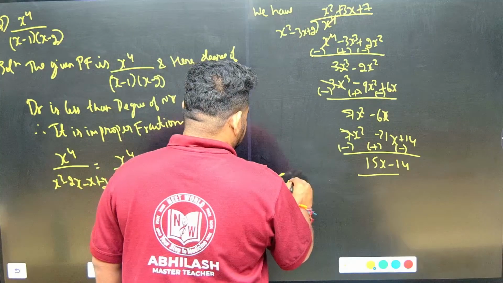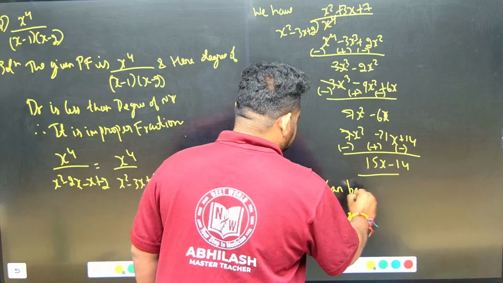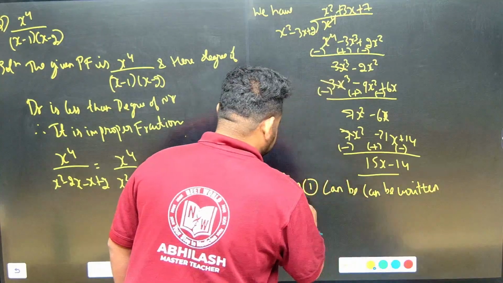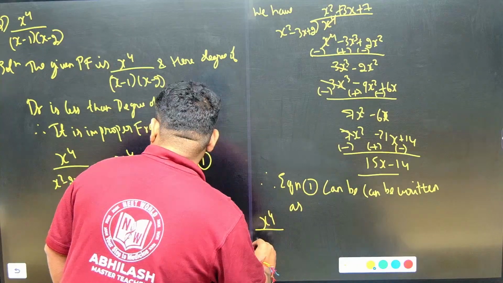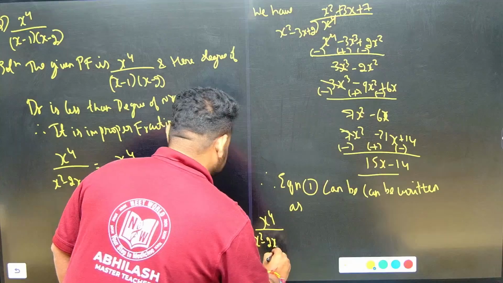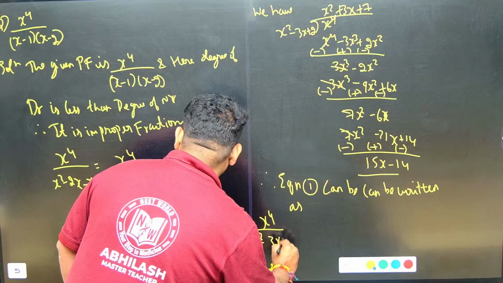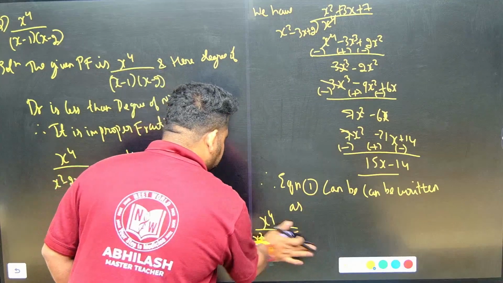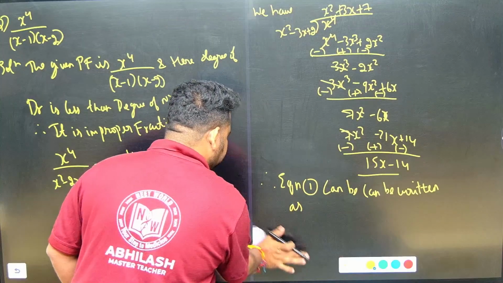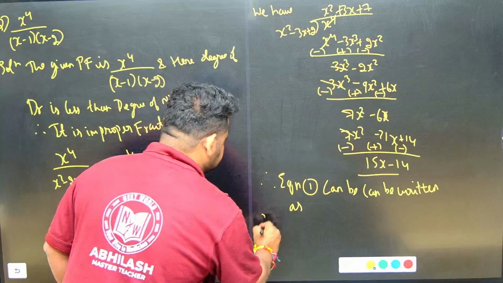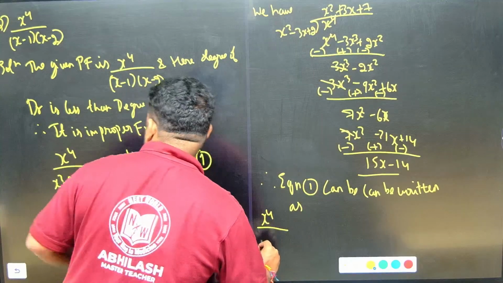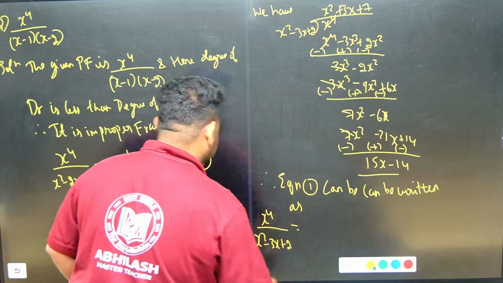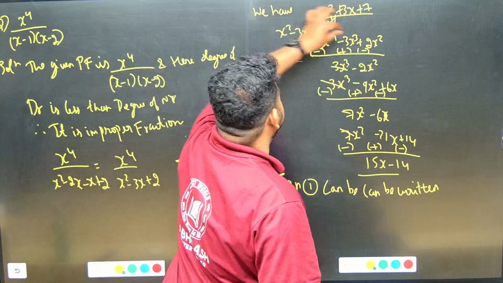Therefore equation 1 can be written as this. x power 4 divided by x square minus 3x plus 2, correct? Numerator can be written as, therefore x power 4 can be written as x square plus 3x plus 7 into x square minus 3x plus 2.